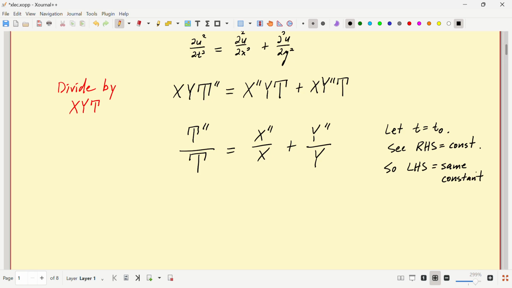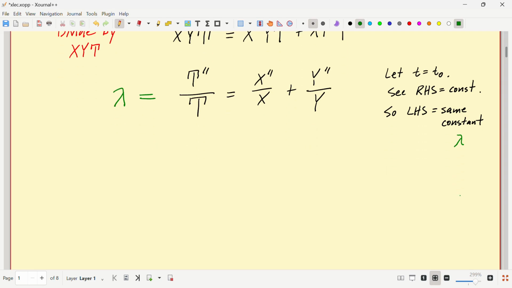Let's call that constant lambda. So the T problem is going to be a snap. In fact, we're going to save the T problem for last. The T problem is T double prime minus lambda T equals 0. Same old ODE we've done multiple times.